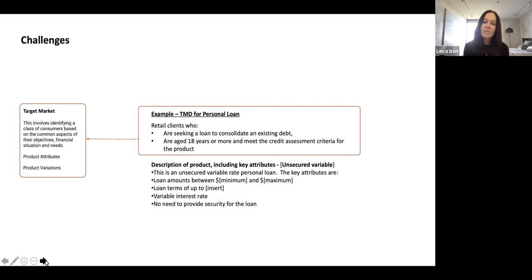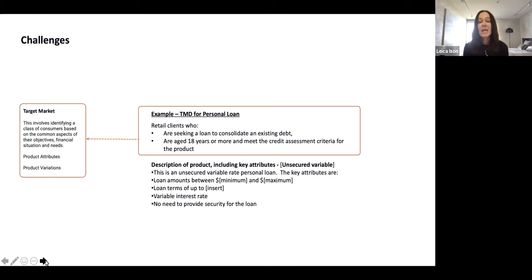So what I'm seeing here is a bit of a trend to set your target market determination at a portfolio level. Now, whilst you're really busy and you're kicking this off, that might make a whole lot of sense and it's probably a good place to start. But if you're setting a TMD at a portfolio level and you're having the same TMD for all the products in that portfolio, so if I've got a product portfolio, it might be around loans, and in that portfolio I might have 20 products.